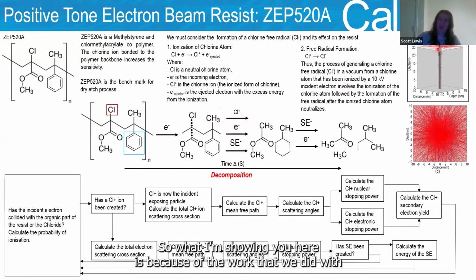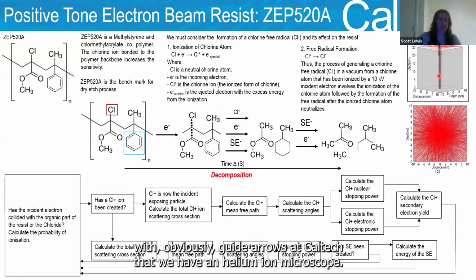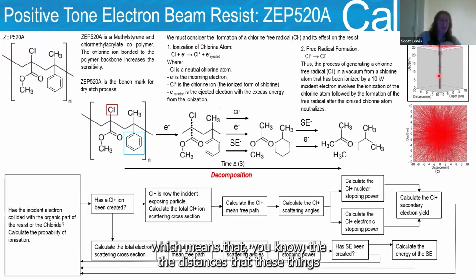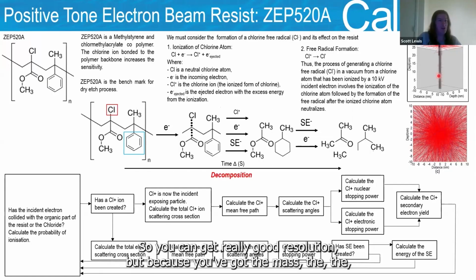What I'm showing you here is because of the work that we did with Guy DeRose at Caltech, that we have a helium ion microscope. So you're no longer using electrons, you're using helium ions in order to expose the resist, which means that the distances these things can travel are maybe a nanometer, 2 nanometers. So you can get really good resolution.